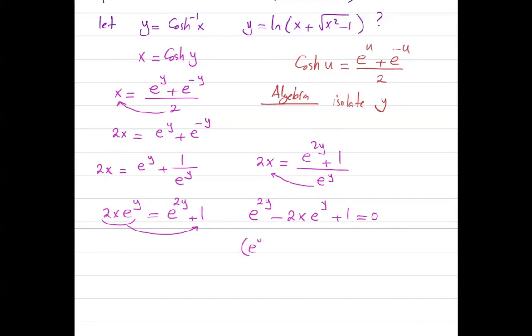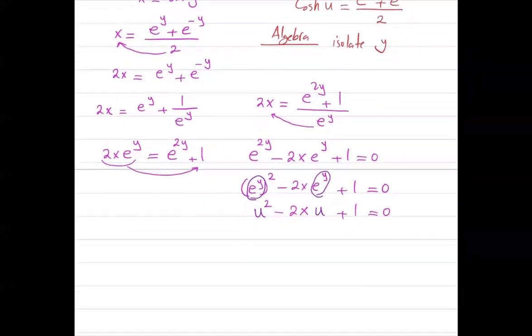This can be written as e to power y to the second power minus 2x e to power y plus 1 equal to 0. If I use u sub for wherever I see e to power y and write down u, I get u squared minus 2xu plus 1 equal to 0.